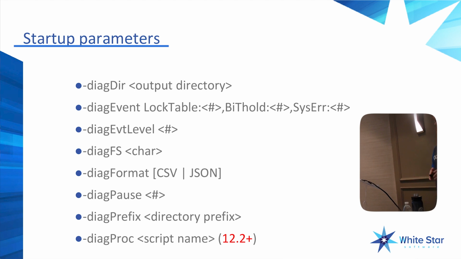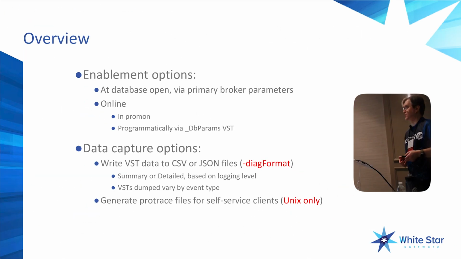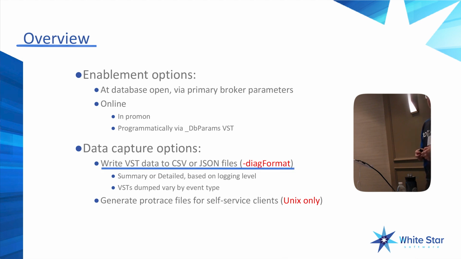We can with those parameters, but we can also enable it online, which is really nice because if you want to start using this feature and playing with it, you don't have to shut down your database to do that. So to configure it online, you can either do that in a screen in Chrome, which we'll see an example of, or you can set the parameter values using the _DbParams VST, so doing that programmatically.